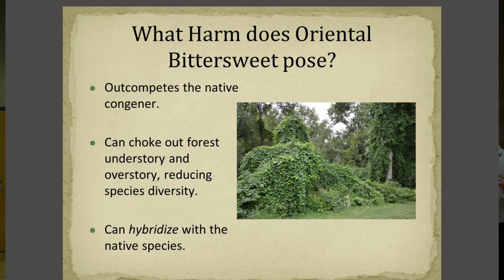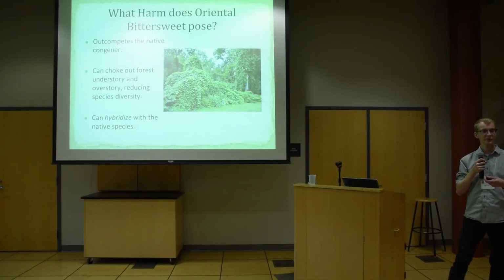They can choke out forest understories, so not only do they outcompete the native species, but they can also reduce growth of other trees and native species of other types, because as a vine, they can completely cover sections, and they grow extremely fast, and likely faster. That's one thing I want to investigate, how the rate of growth compares between the native and the invasive.